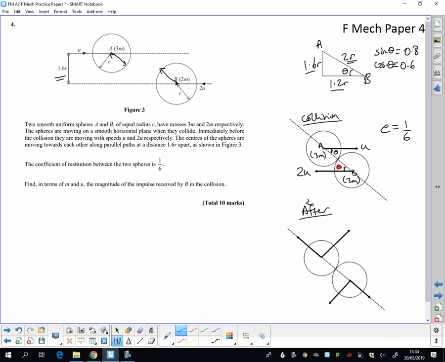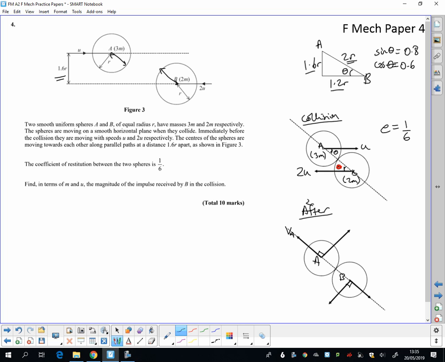So again, this is still going to be A and this is going to be B. What I'm going to do afterwards is split my components of the velocity into two, along the line of centres and perpendicular to the line of centres, and that's just going to perhaps make it easier for me to deal with this afterwards without having too many angles going on.